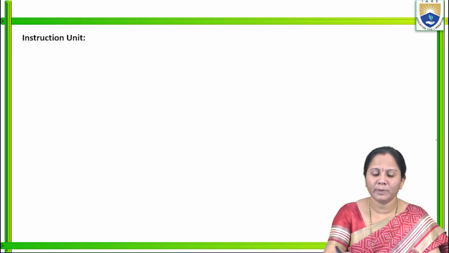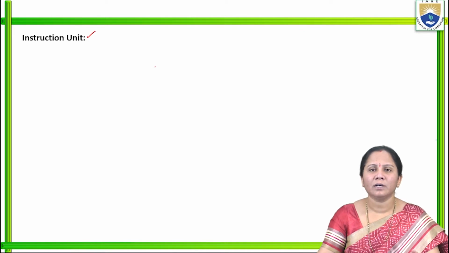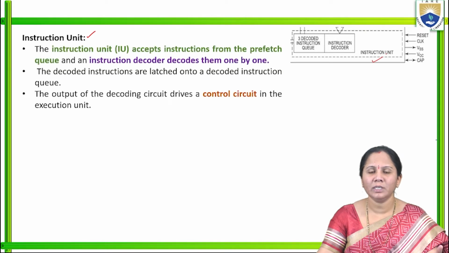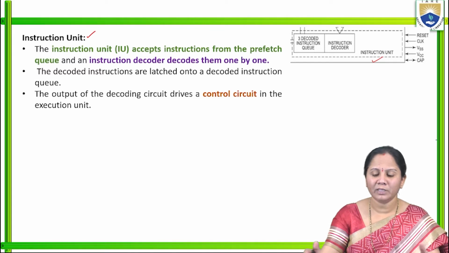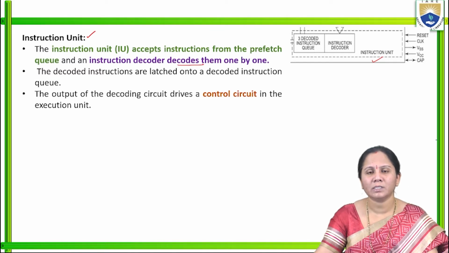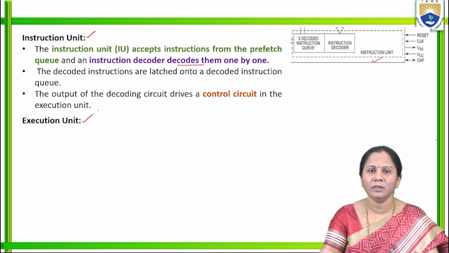So the next unit will be instruction unit. All these are the blocks that are present. The function of this instruction unit is, it is going to take each instruction from that queue. After taking, this instruction unit is going to decode each instruction one by one. And next it will be given to the next unit, which is called execution unit.